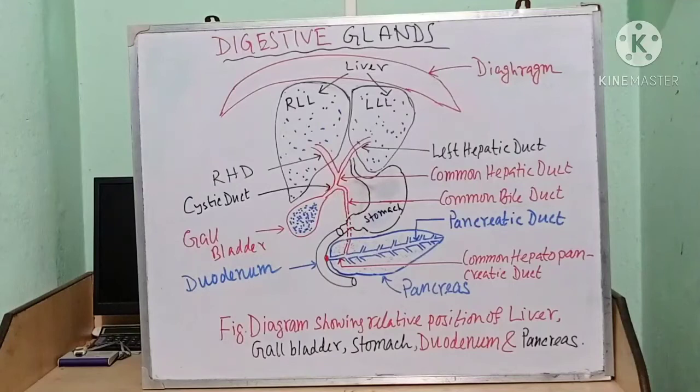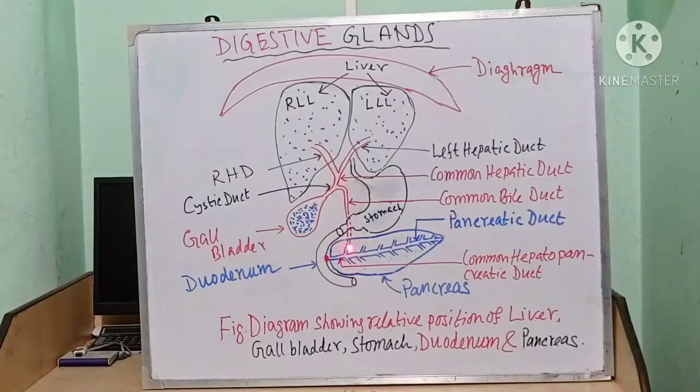And you know, this is the stomach and this is the duodenum, the first part of the small intestine. It is C-shaped. And here we have the pancreas.